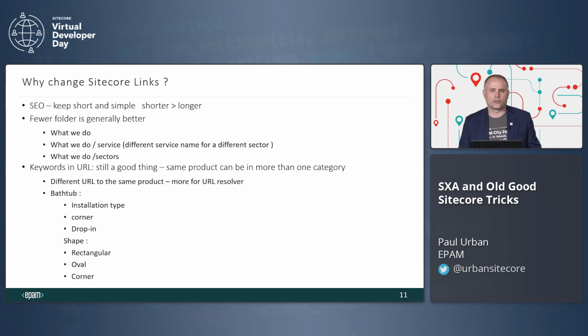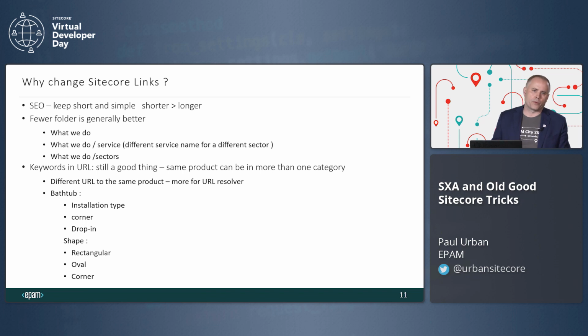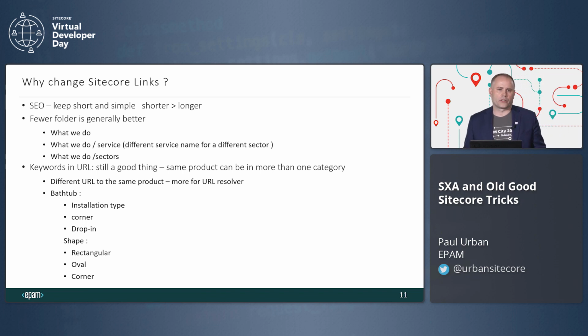But logically, when you do the sitemap of your website, sometimes it makes sense. So you want to hide the folder structure, right? So for example, I can have a parent page, what we do.